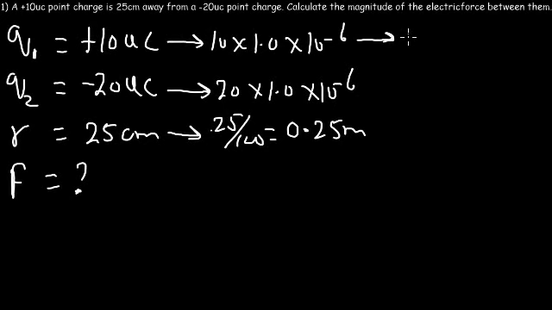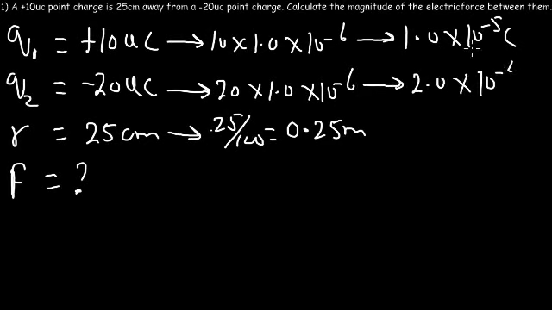So this becomes 1.0 times 10 to the power negative 5 coulombs, and the second charge becomes 2.0 times 10 to the power of negative 5 coulombs. Now we have everything in the appropriate SI units.